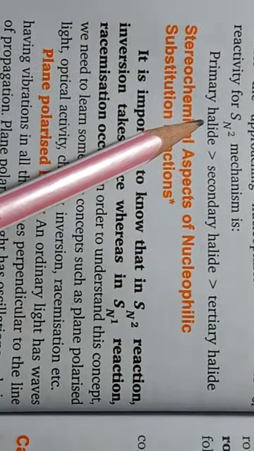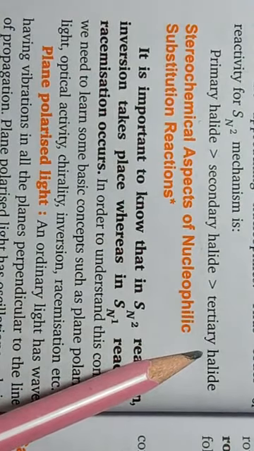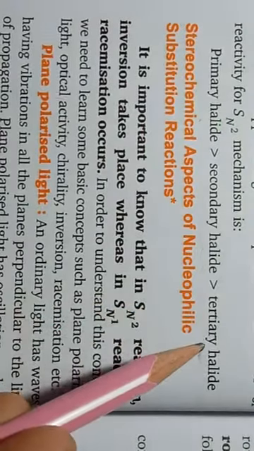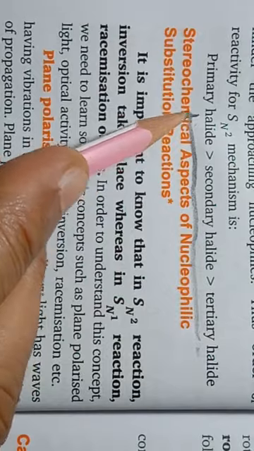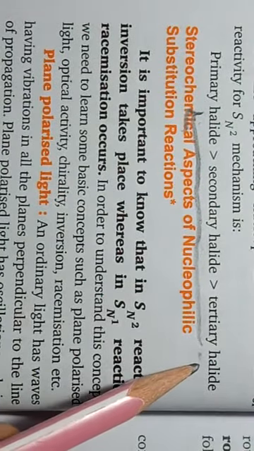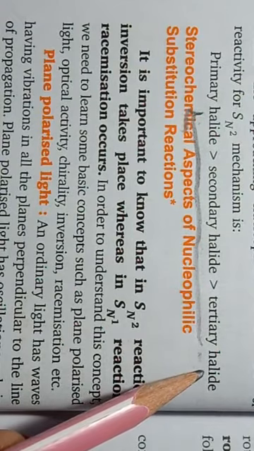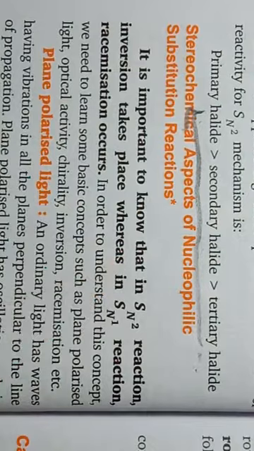Primary halides will be most reactive and tertiary halides will be least reactive for the SN2 mechanism, whereas for the SN1 mechanism the reactivity order will be opposite, meaning tertiary halides will be most reactive for SN1 and primary halides will be least reactive.